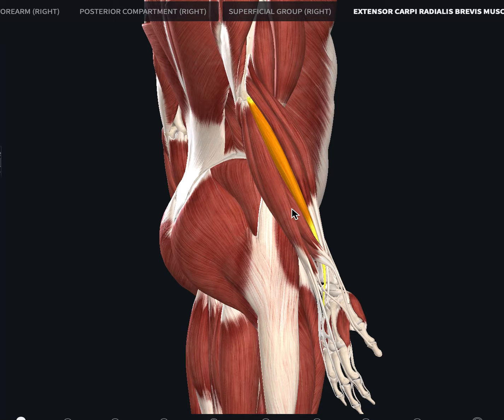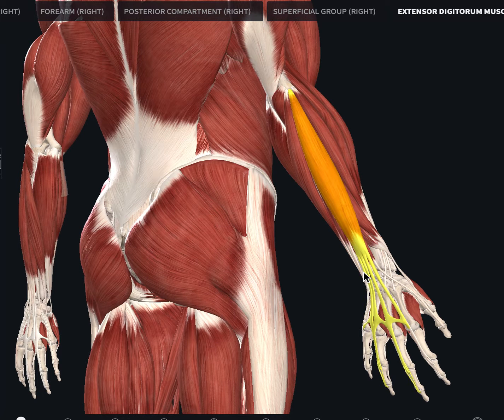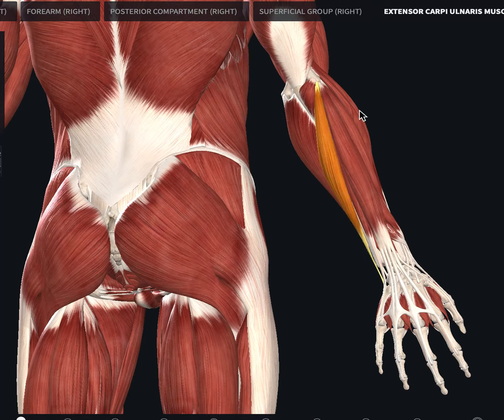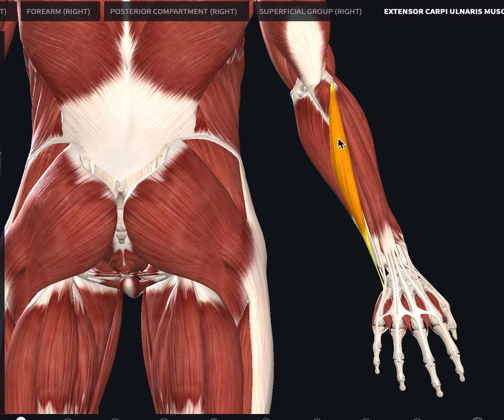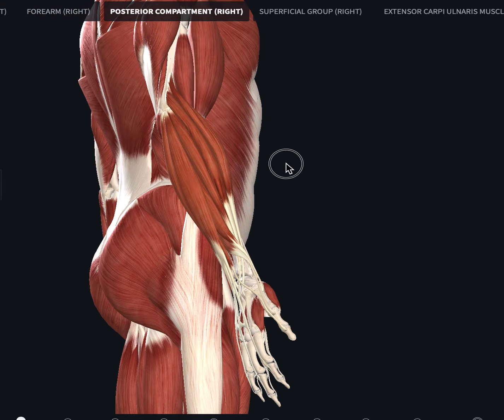The big one next to that is extensor digitorum. Like we said, its tendons attach onto all the different digits. The one next to it is extensor carpi ulnaris. The way to think about it is that it is on the ulnar side of the bone, while extensor carpi radialis longus is on the radial side of the bone. And so these are the muscles of the posterior compartment, highlighted in orange.